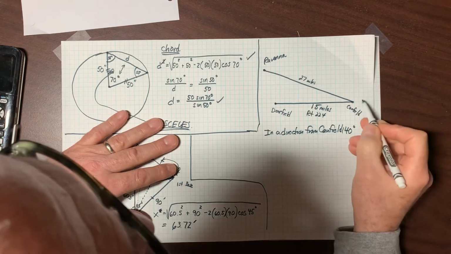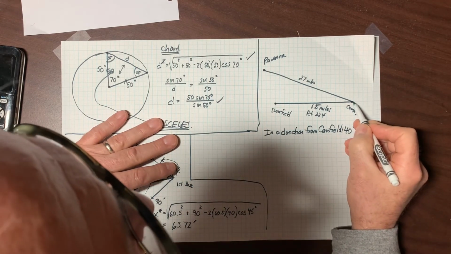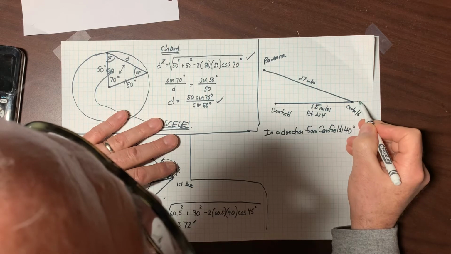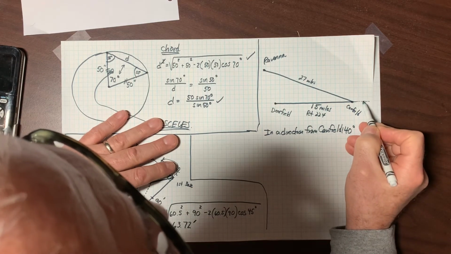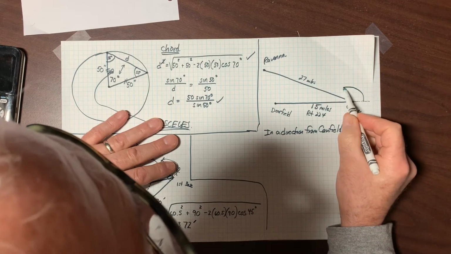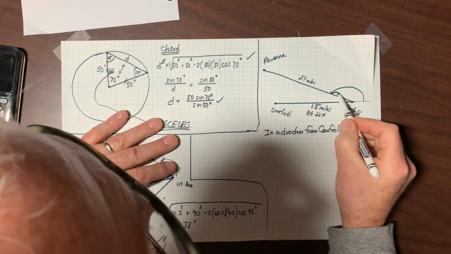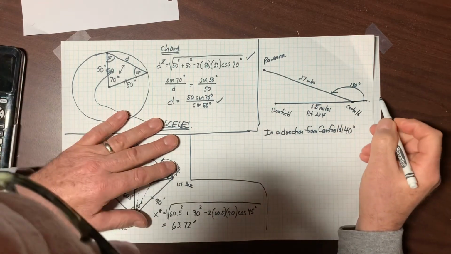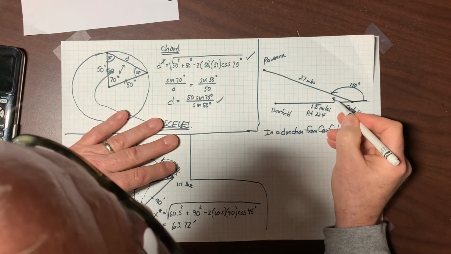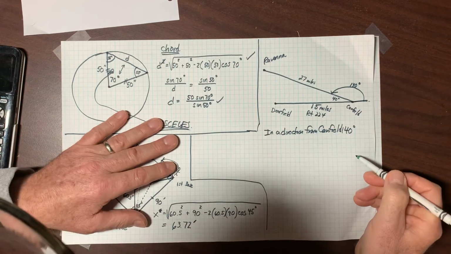Now, flashing back to what we learned about vectors, remember that your direction is always relative to the positive x-axis. So this direction would be 140 degrees off the positive x-axis, which means that this angle right here has to be 40 degrees.